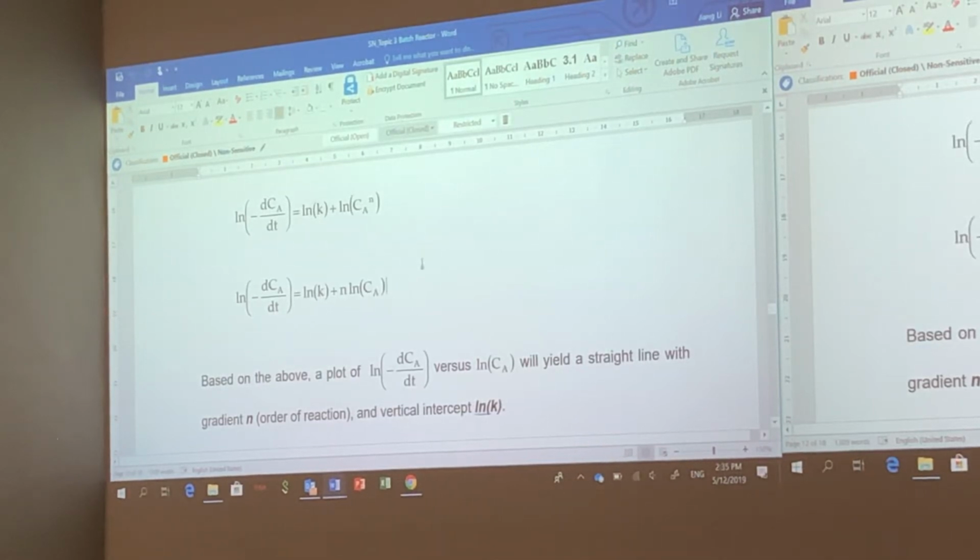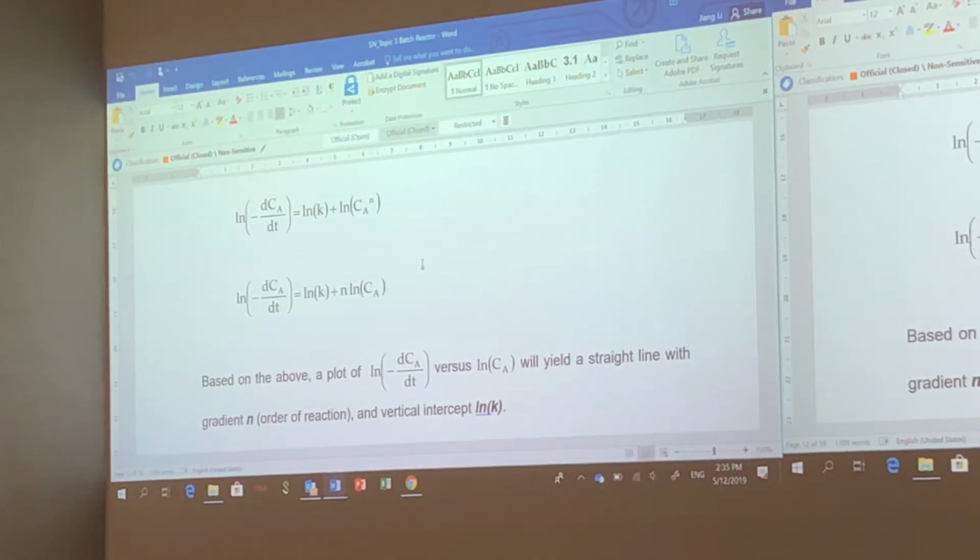Please, you need to know how to compare the integral and differential methods. Can you tell me which method is more accurate? I asked you in all your tutorial classes already. Differential is more accurate? Wrong. Integral method. The advantage of the differential method is that you don't need to know the order. The order is unknown and the k is also unknown.